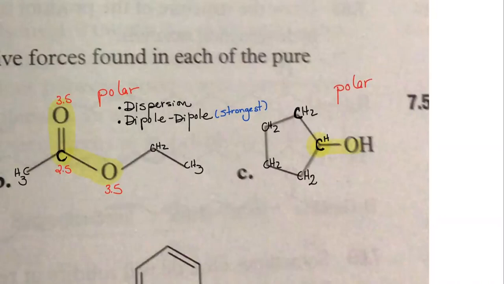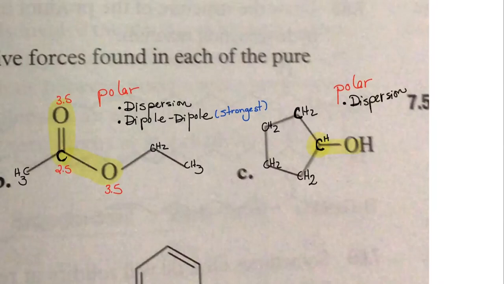Now, taking this into account, let's put 1 for yes or 2 for no in the chat. Would this molecule have dispersion forces? Yes or no? 1 for yes, 2 for no. Great. So because this molecule has electrons, it has dispersion forces.